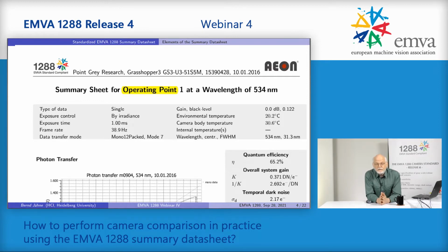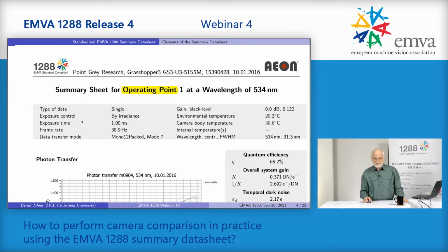It includes what type of data are presented there. And typically, I would say in 95% or even more of the cases, you find simply the result of a single camera. Some vendors measure several cameras in one data sheet, so you get a good feeling of averages, or others might present guaranteed data. But the typical thing is single data.